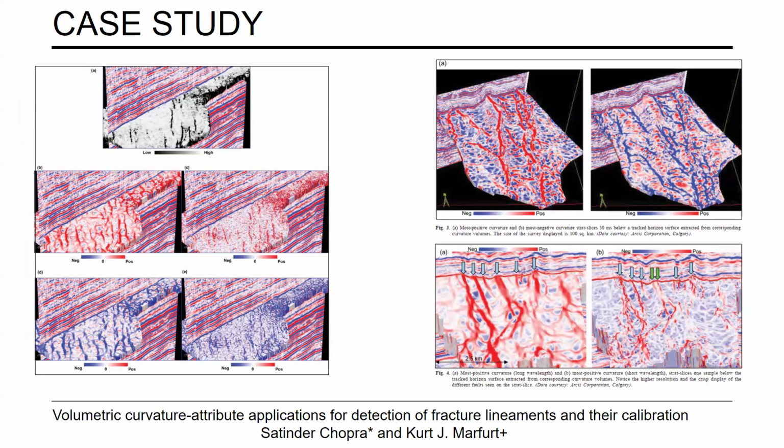There is also a play when you are doing curvature analysis of long wavelength and short wavelength. The long and the short wavelength each have their own pros and cons. One is used for small scale delineation of facies, and the other is for understanding the delineation of faults and fractures.